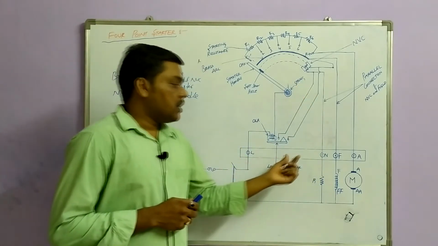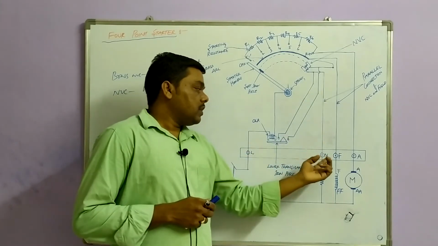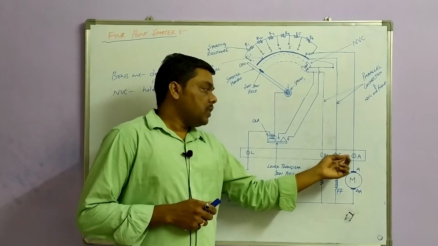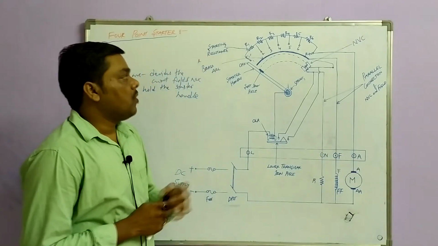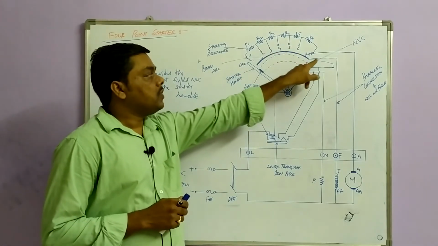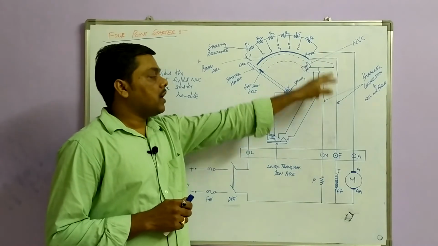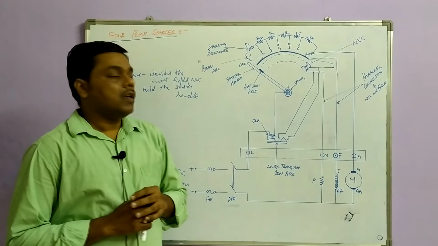The letter N is given for this terminal. So line, the no volt coil connection, and the field and armature connections are given. When the supply is cut off, the field winding is connected in parallel to the no volt coil.